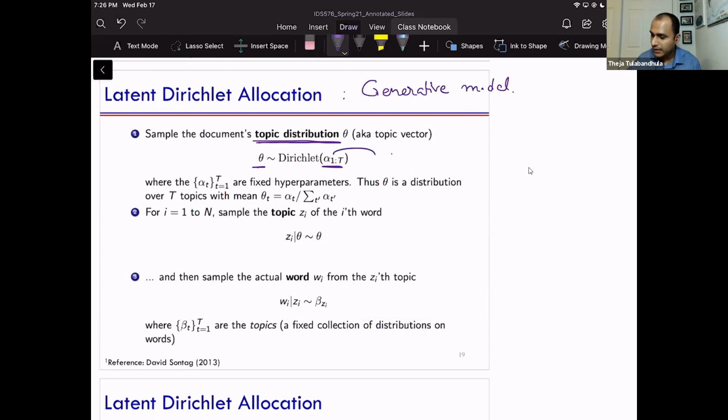So let's say capital T is 3. Then a Dirichlet with parameters alpha 1, 2, 3 is going to generate a 3-dimensional vector. So theta is going to be 3-dimensional. It's actually going to be a probability mass function, as I mentioned, such that theta 1 plus theta 2 plus theta 3 is equal to 1, and theta 1, theta 2 and theta 3 are all non-negative.